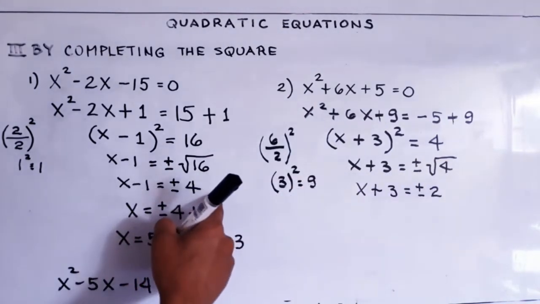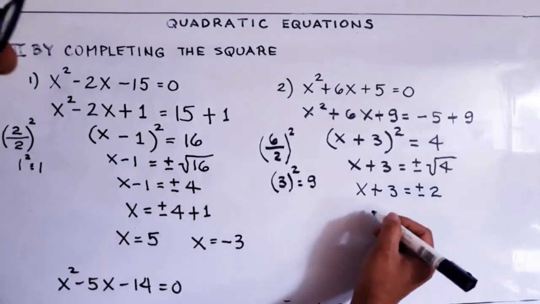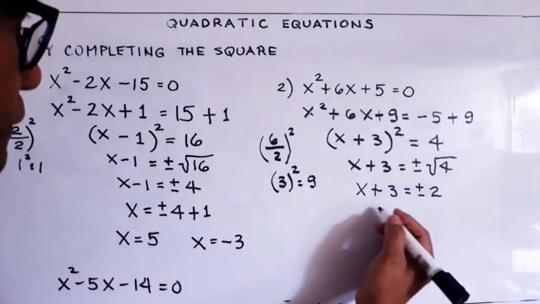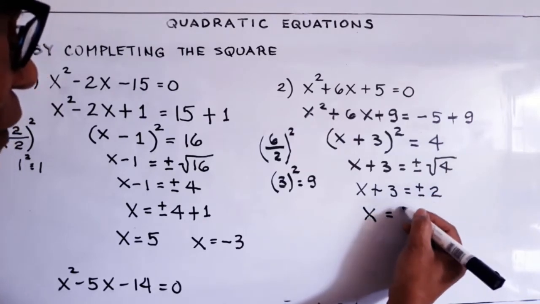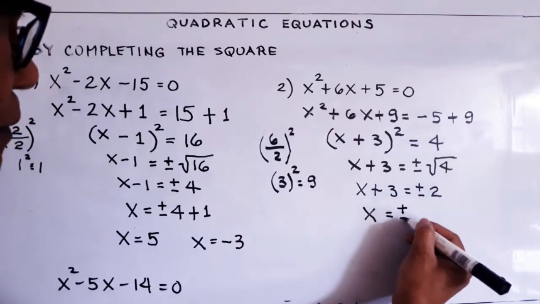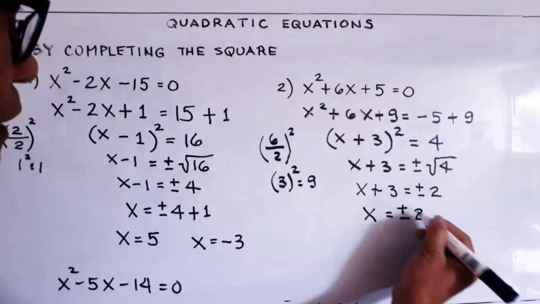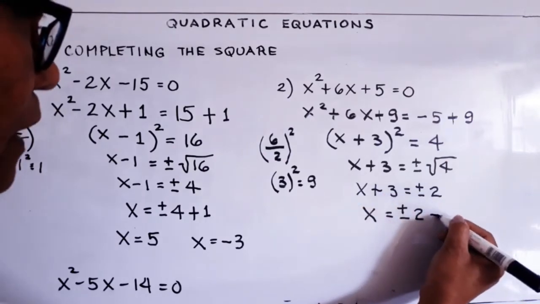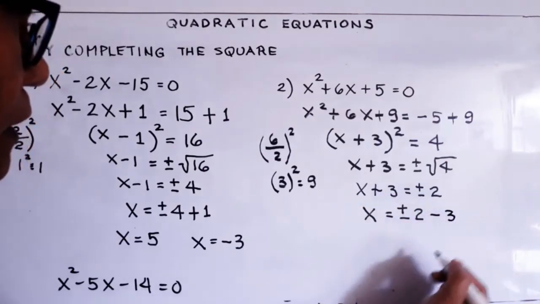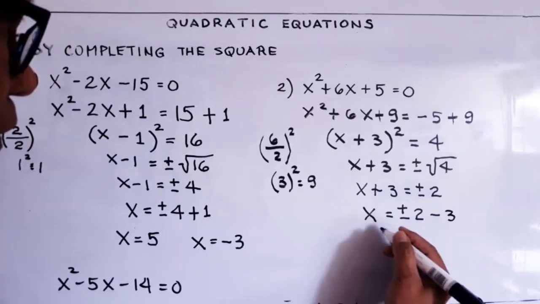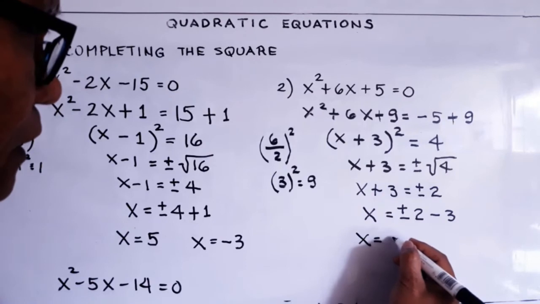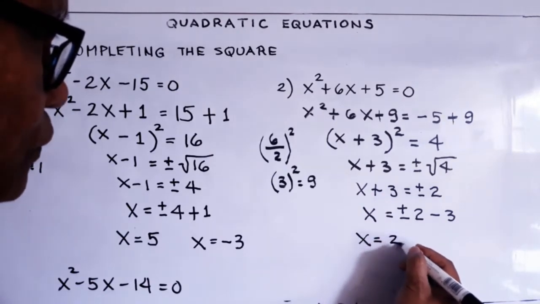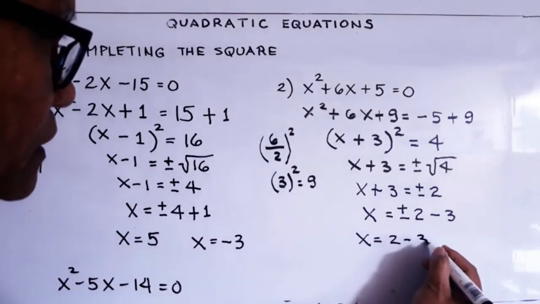For the same solution as number 1, you can place the 3 after the 2 there. So if x is equal to, copy the plus and the minus and the 2 here, and that will be minus 3. Now, if you are confused, you can write positive first 2 minus 3.